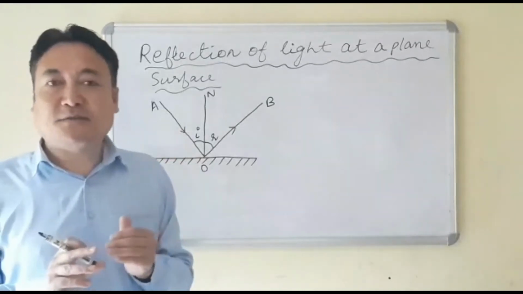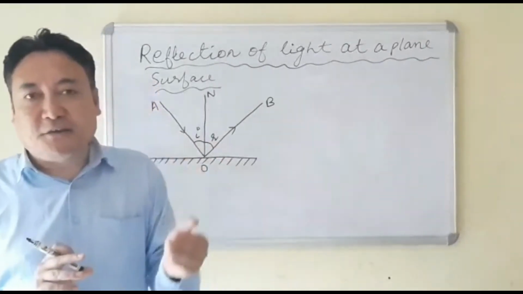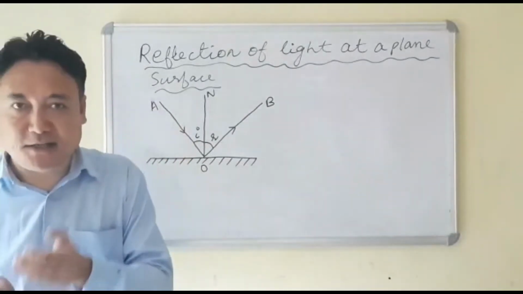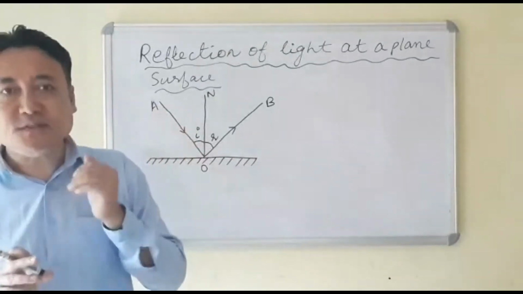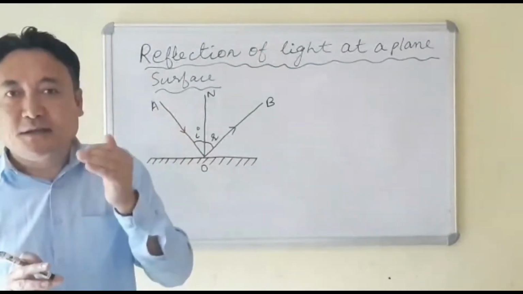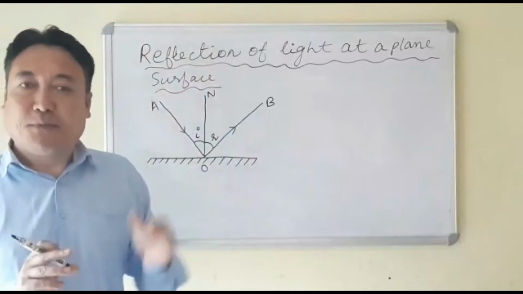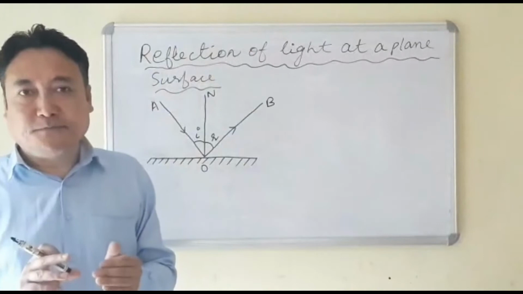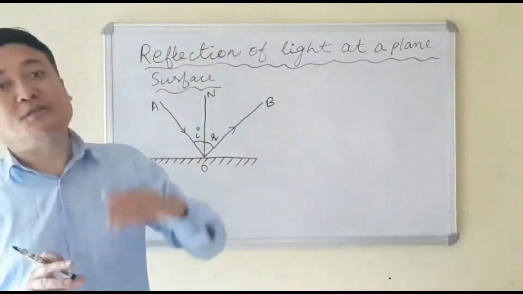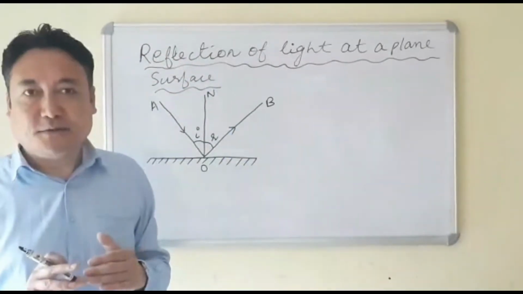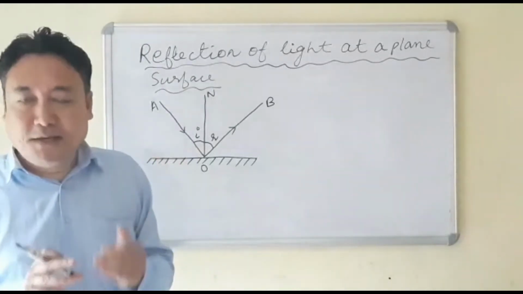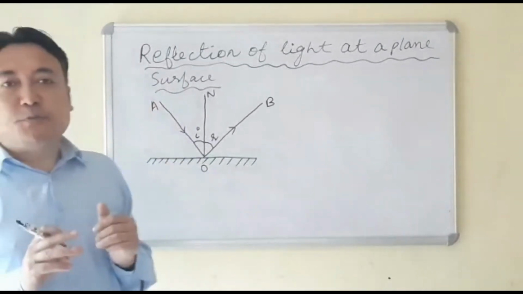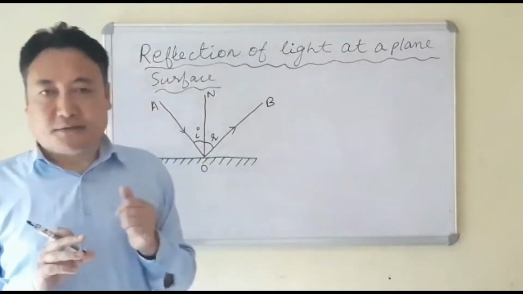This change of path takes place when the ray of light passes from one transparent medium to another medium, that is from air to glass or water, or from glass or water to air. But if the ray of light passes through the same medium and bounces back to the same medium, then we call it reflection of light.